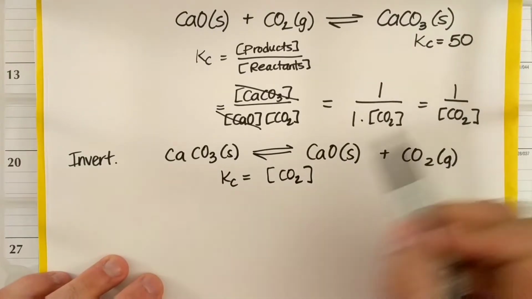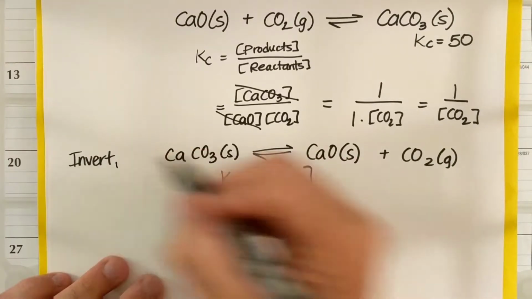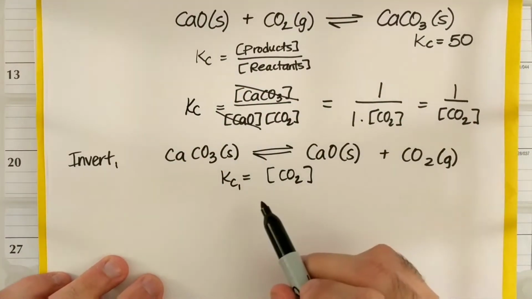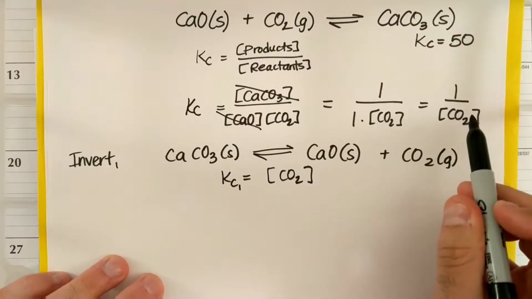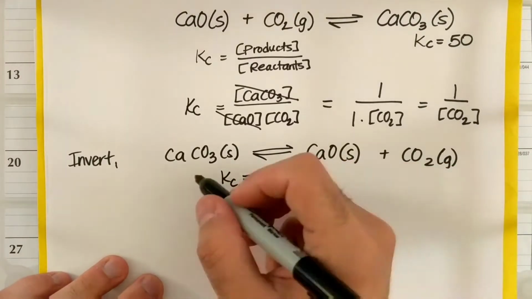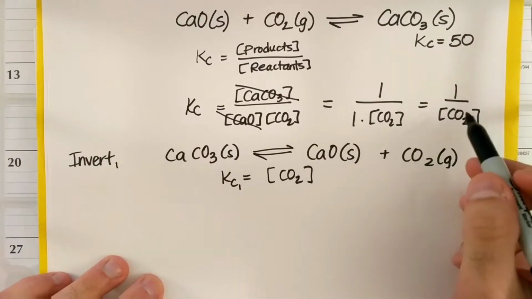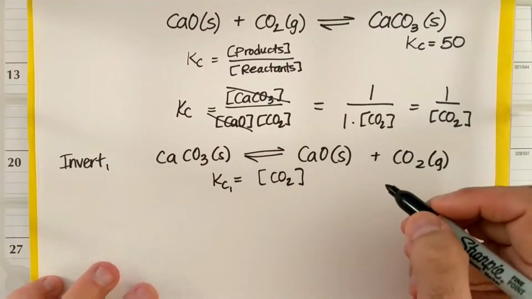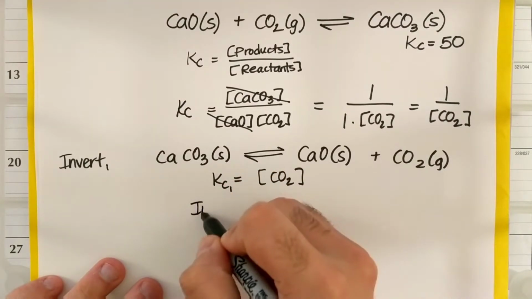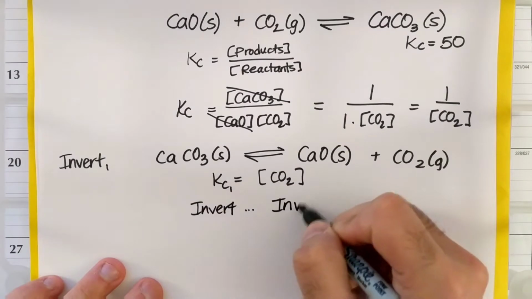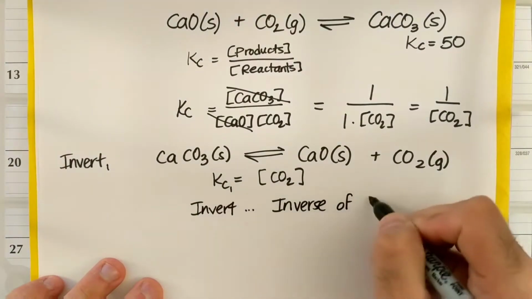I'm going to call this inverted one Kc1. It looks like this Kc is the inverse of the original Kc. So if I invert, I'll just do the inverse of the Kc.